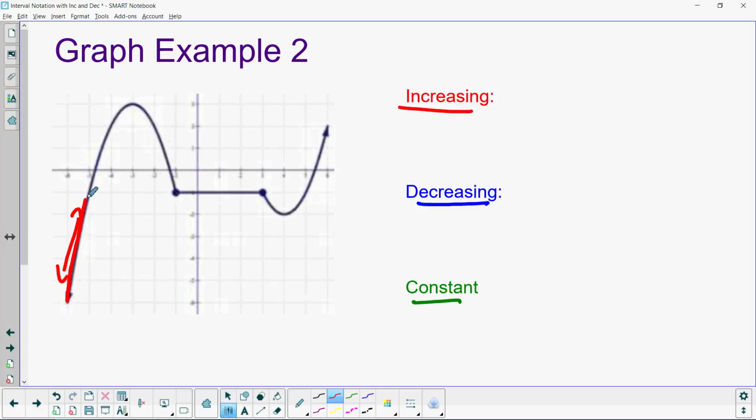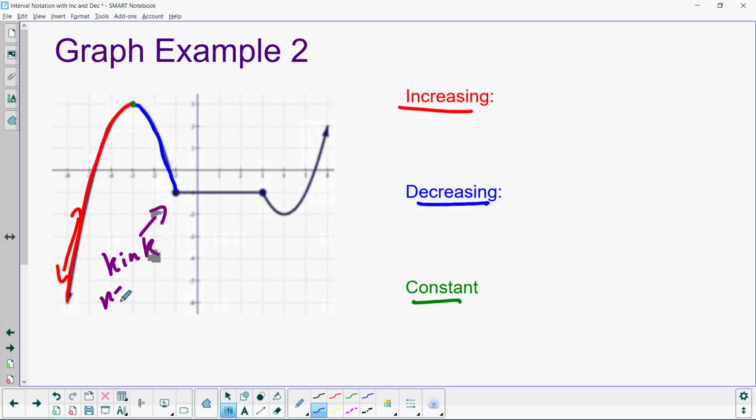Technically, the very top spot, just that single point, is constant. And then our graph turns around and starts coming back down, down, down, down, down. Okay. This kink right here, and don't make that dirty, kids. This kink technically is nothing. It's not going up or down.